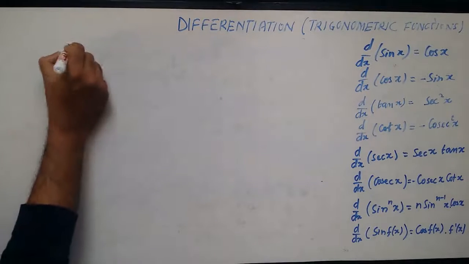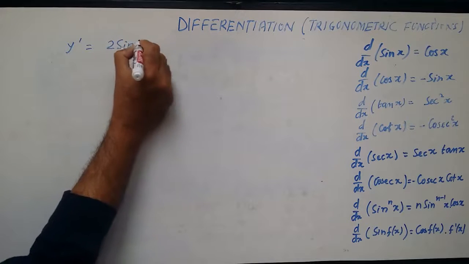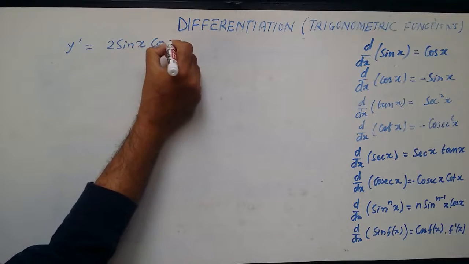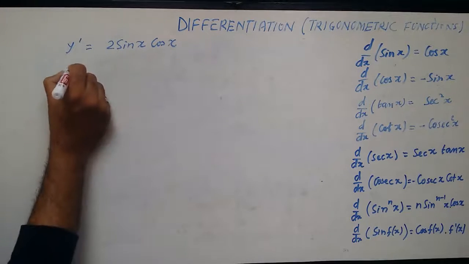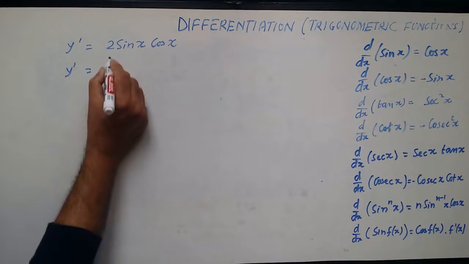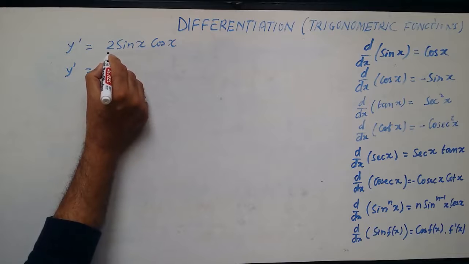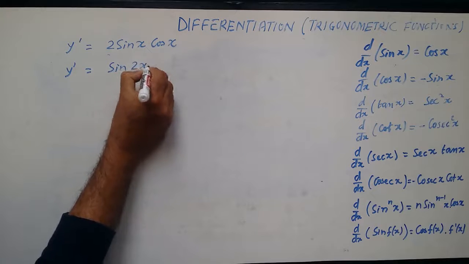Let's take a little bit more complex one. We know that if you apply the basic trigonometric identity, 2 sine x cos x is sine of 2x.